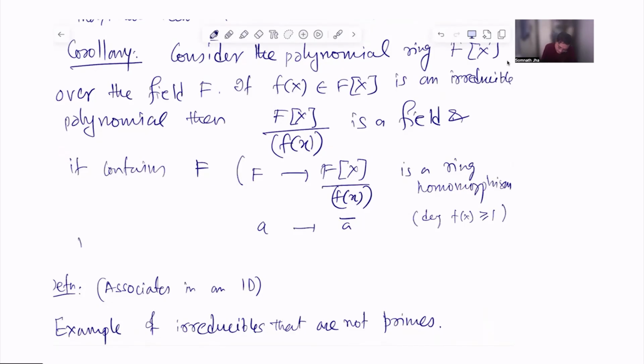So F[x] mod f(x) is a field extension of F, right?